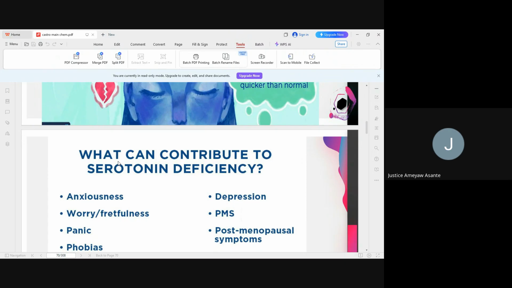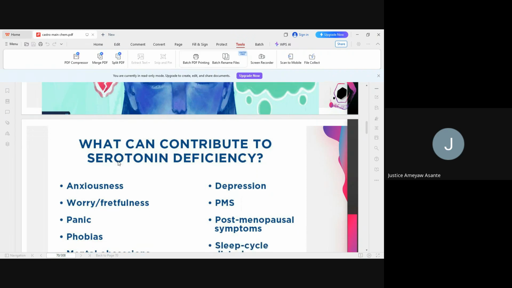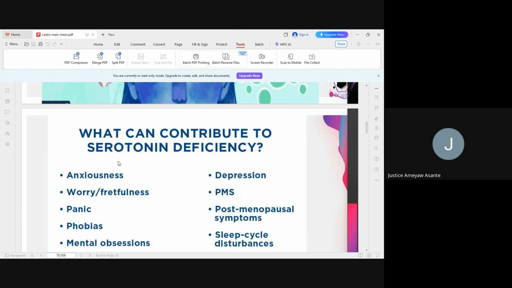So what can contribute to serotonin deficiency? When the body needs it, and you become too anxious, then levels go down.